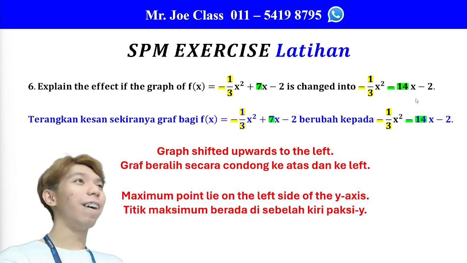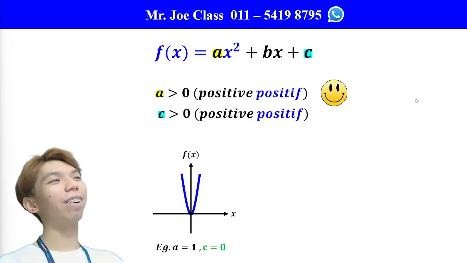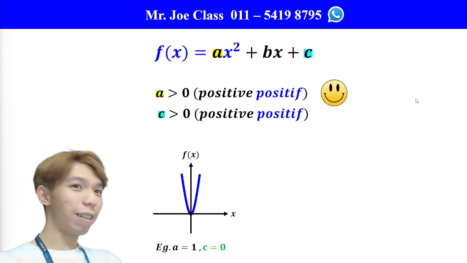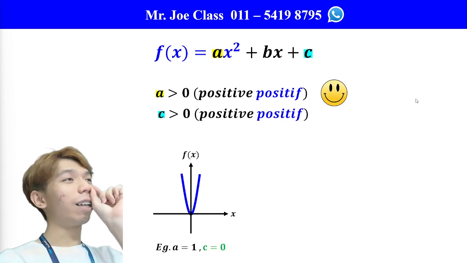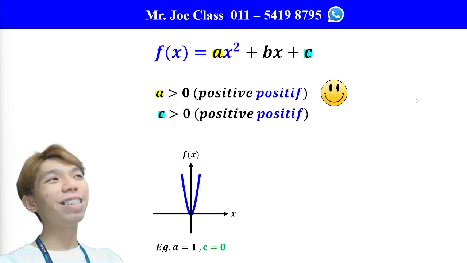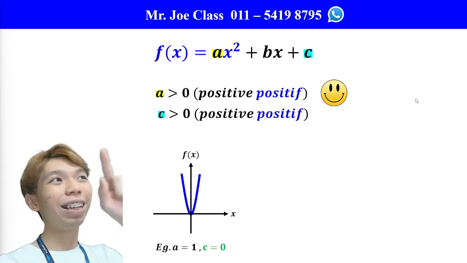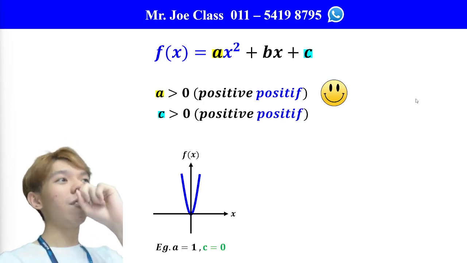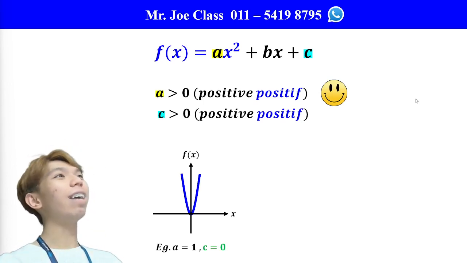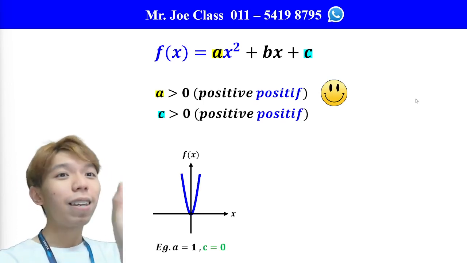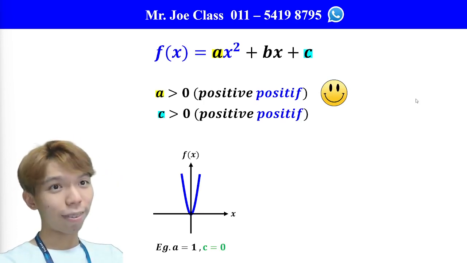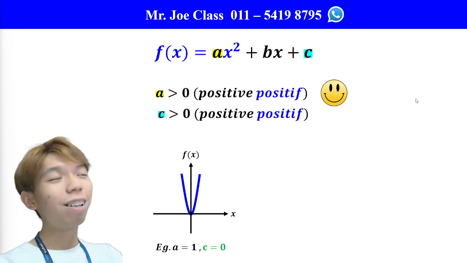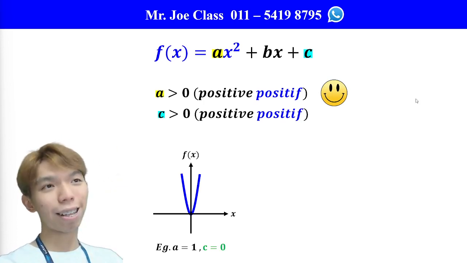Now we look at the second part, C. The value of C is actually the coordinate where the graph intersects the y-axis. Meaning to say, the value of C is the y coordinate of the graph that intersects with the y-axis.